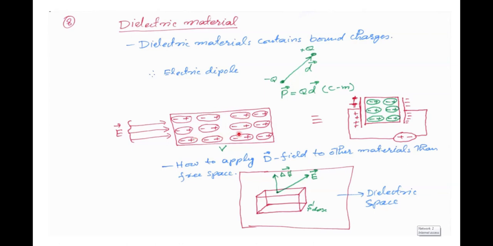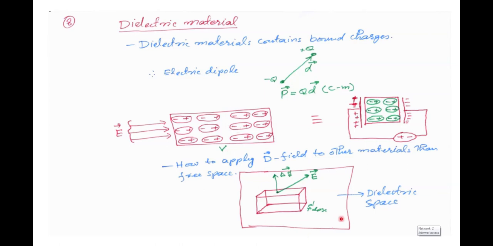So in the dielectric material we have no free charge, and we know the relation of Gauss's law for free charges. So the question is how to define Gauss's law in terms of free charges in dielectric material, and how to modify the D field in dielectric material other than free space.